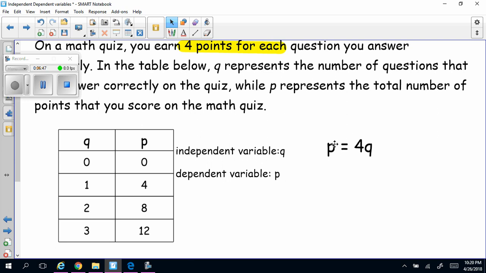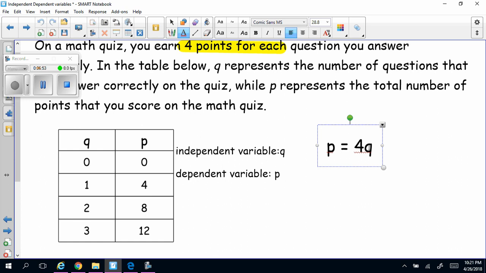Now go ahead, what if I put in 1 for Q? Write this down. So P equals, now we have 4 points for 1 question I got right.